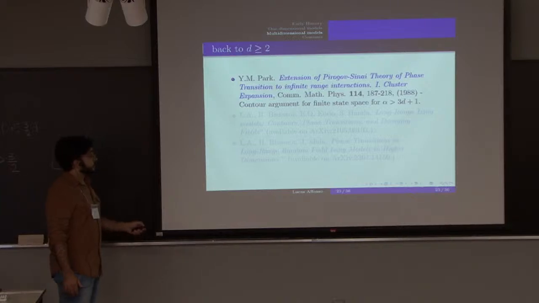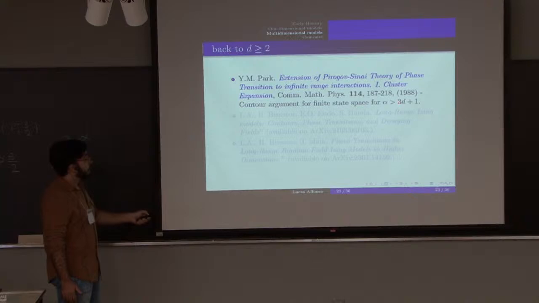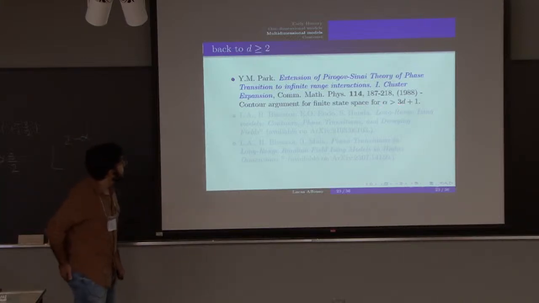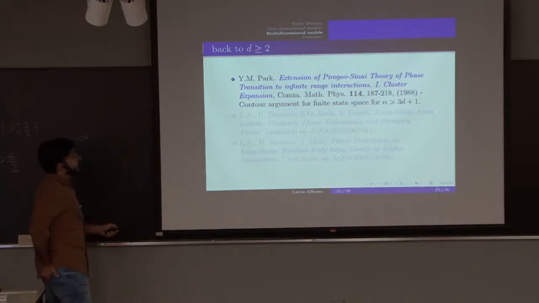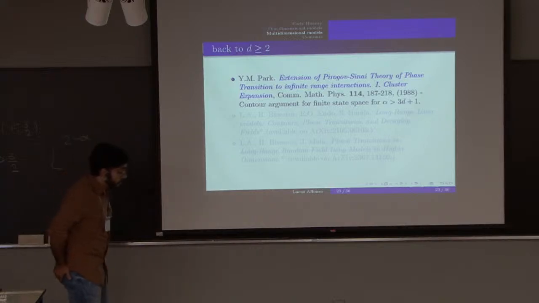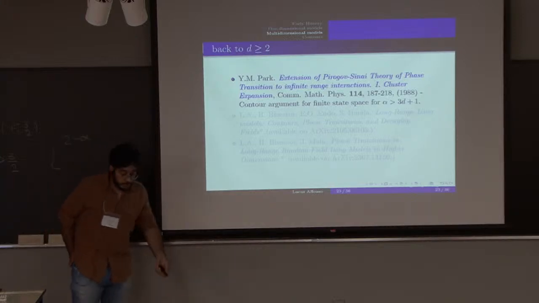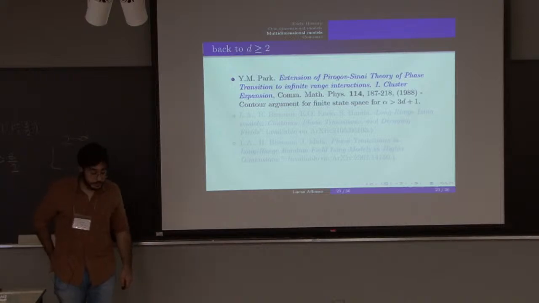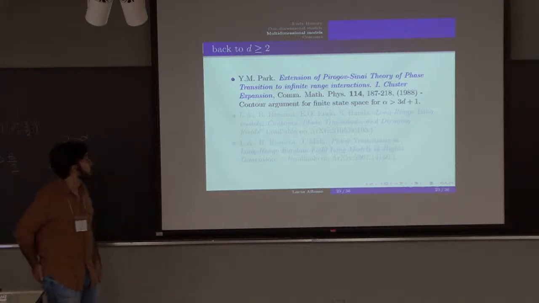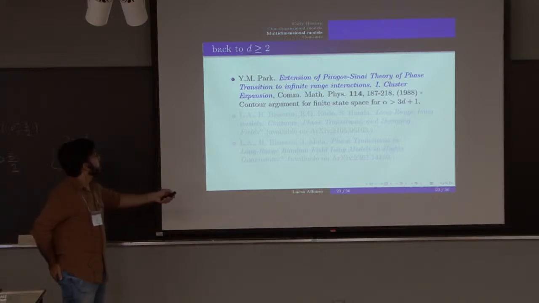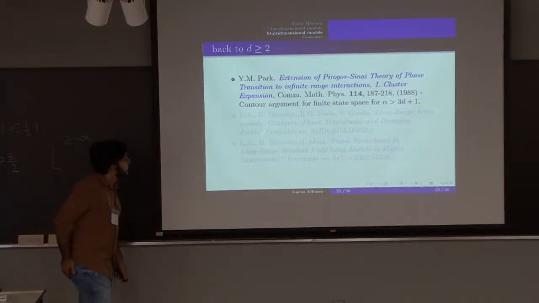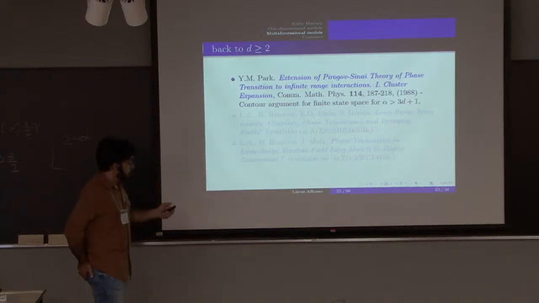So, not surprisingly, he gets a problem with the decay, and he needs the decay to be larger than 3d plus 1. But he managed to extend the Pirogov-Sinai theory, so he doesn't assume a symmetry of the interaction, and he can also consider any finite state space. For instance, in the second paper, he can study the phase transition in the Potts model.